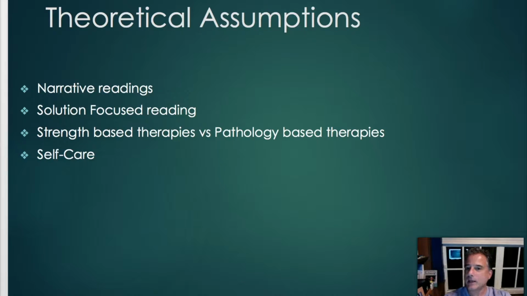And you can always tell if something is a pathology-based approach because the language of the model is deficit language, or it is pathologizing labels. Let's contrast that with strength-based approaches to therapy that really don't focus on those kinds of pathologizing labels, nor do they think of therapy as a quest for finding out what's wrong with people so we can help fix them.